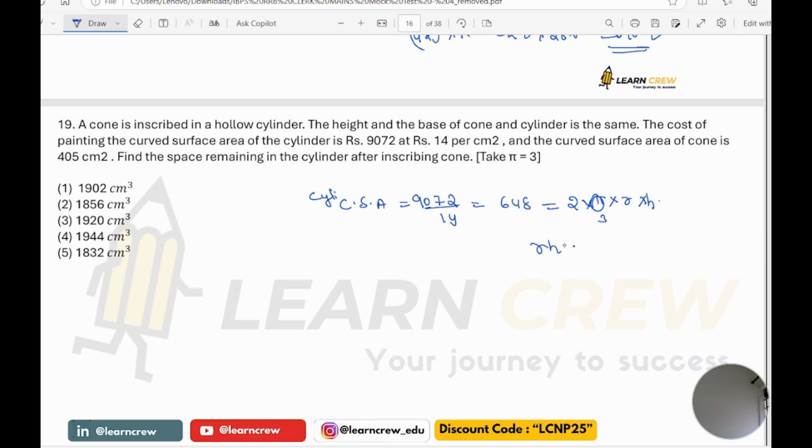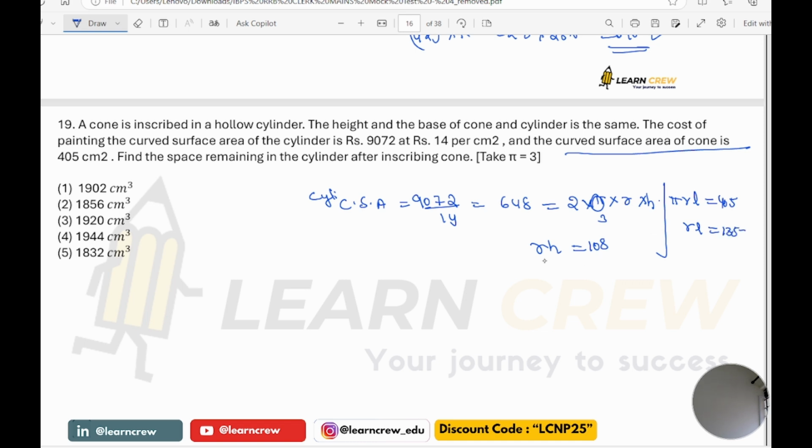I will get r h as 108. Similarly, it's also given the curved surface area of the cone, pi r L, is 405. As pi is 3, I get r L as 135.